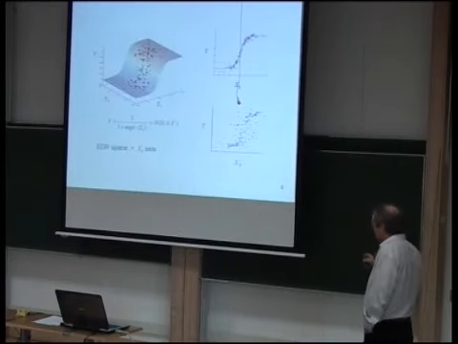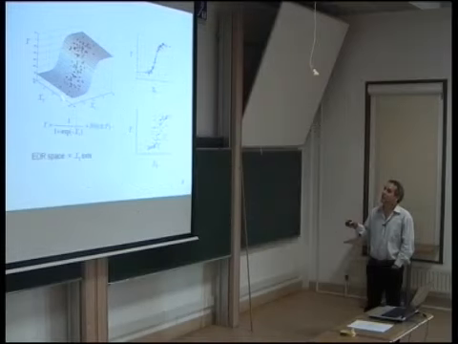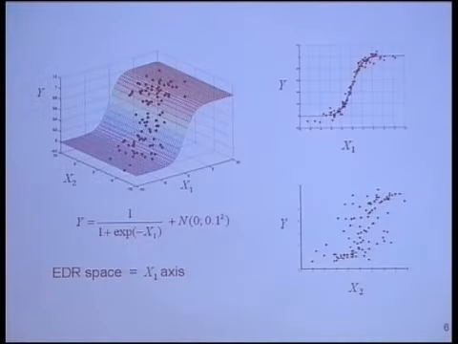Okay, so here's just a little trivial example. Here's a nonlinear regression given by a logistic regression. So x1 is the EDR direction. We'd like to ignore x2 and project onto x1, and we'll see this marginal. If we projected it mistakenly onto x2, we would see this.